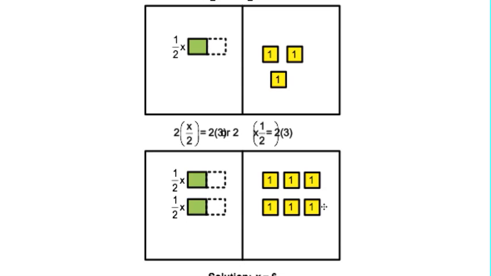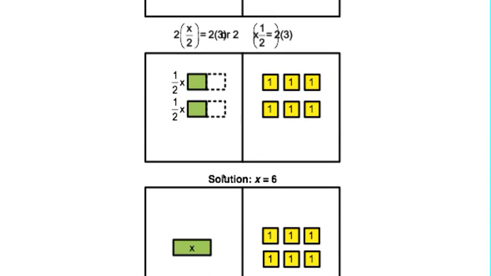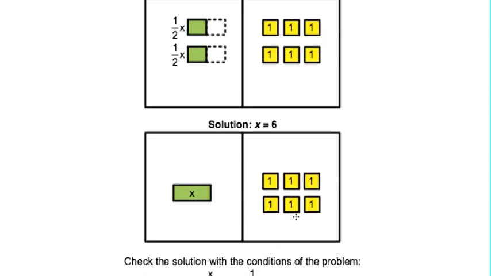So we put another one on there. Now, if we have a half of an x plus a half of an x, we get a full x. So as we can see, if we just multiply this situation times 2, we have two groups of 1/2 x equals 3. We can solve it to have a full x will equal 6.